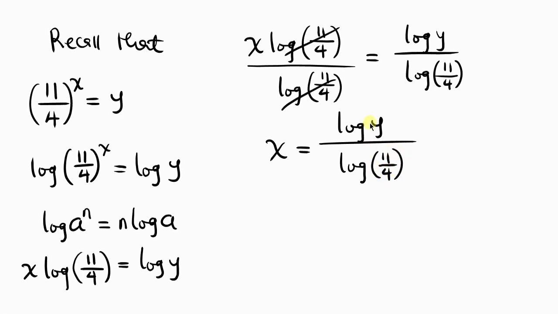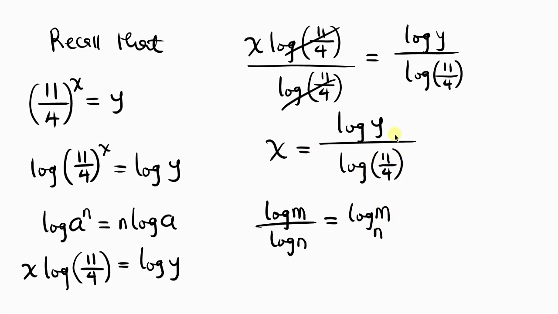Well, I know I'm going to be substituting the value of y, but before I do that, I should be applying the law of logarithm, which says when I have the log of m divided by the log of n, this is actually the change of base law. This is equal to log m base n.